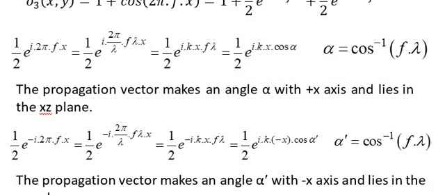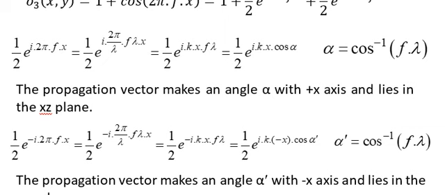We can write 2 pi over lambda, and then multiply it with lambda, so that we can introduce the wave number k. So we have half e to the power iota kx into f lambda. We can replace f lambda with cos alpha, and we have the final expression half e to the power iota kx cos alpha, where we can define alpha as cos inverse of f lambda.